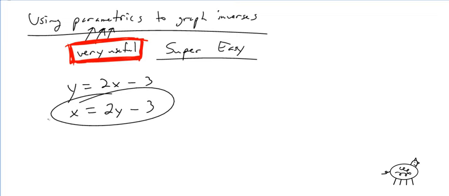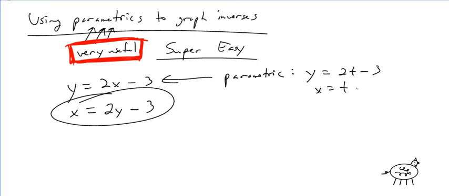We just did that. But why not use our graphing calculator? So what I'm going to do is my parametric, if I do y equals 2t minus 3 and x equals t, do you agree that's how you can turn that into a parametric, right? That was the way I showed you. That's really easy.